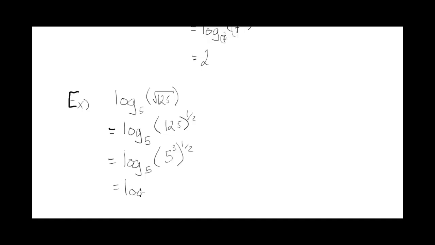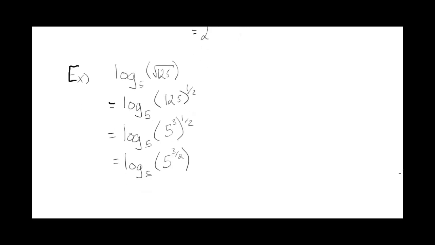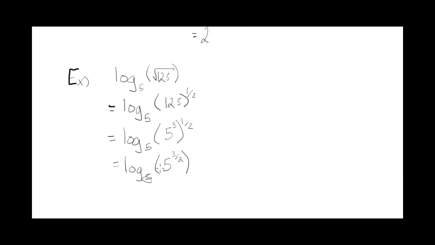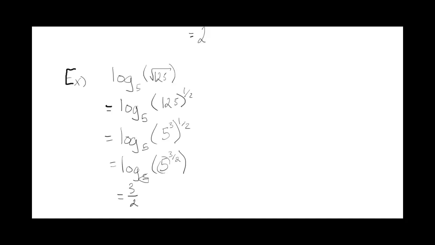So that'd be log base 5 of 5 to the power of 3 over 2. And now I can apply that property. This base and this base are the same, so the answer is just equal to the exponent. So that's how you can use that property number 2 to solve logarithms.